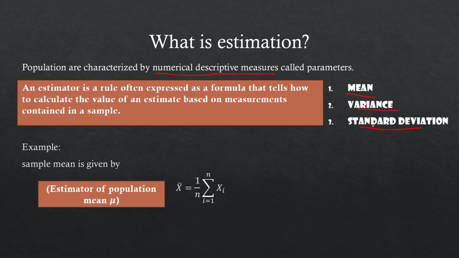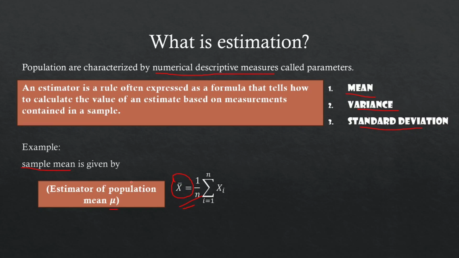Now let us take an example. Suppose we have a population and we take a sample from that population and we calculate the sample mean, which comes out to be a numerical value. Then the x bar, which is the sample mean, is called the estimator of the population mean mu, or we can say mu hat.